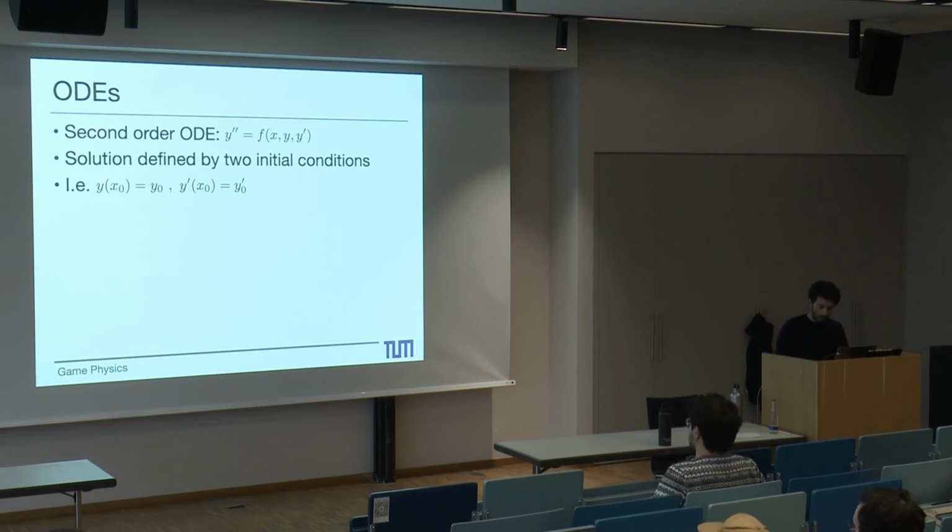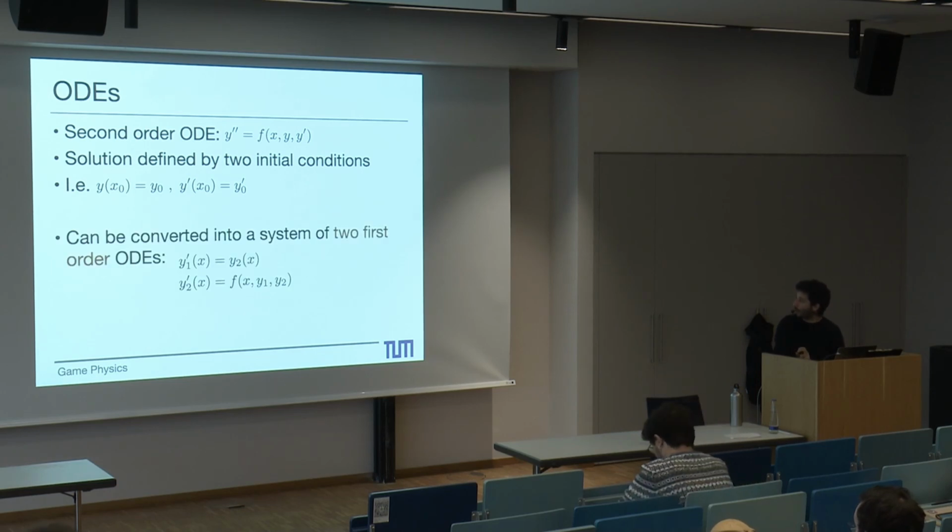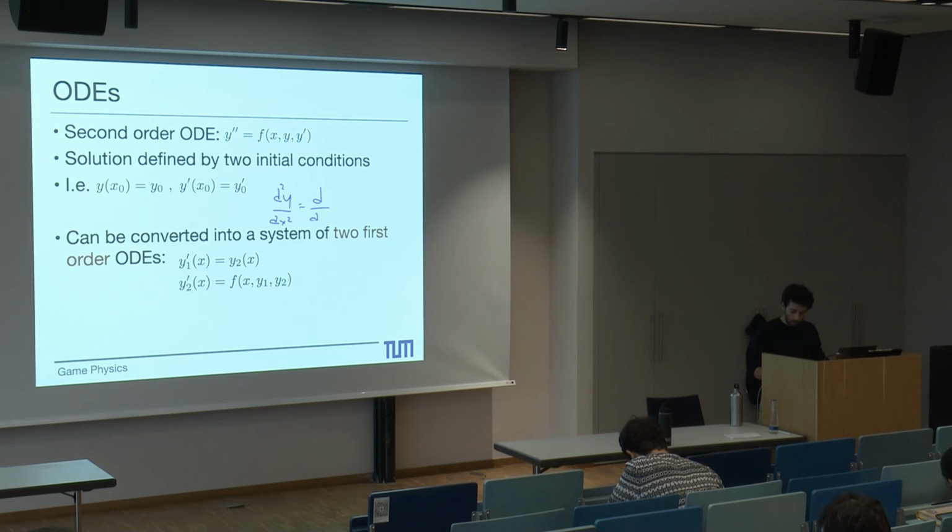In general, this depends on the fact that every nth order ODE can be rewritten as a system of first order ODEs. And that's normally relatively straightforward. So what we do is say that the second order derivative, let's say d2y over dx2, is actually equal to the first order derivative of the first order derivative.